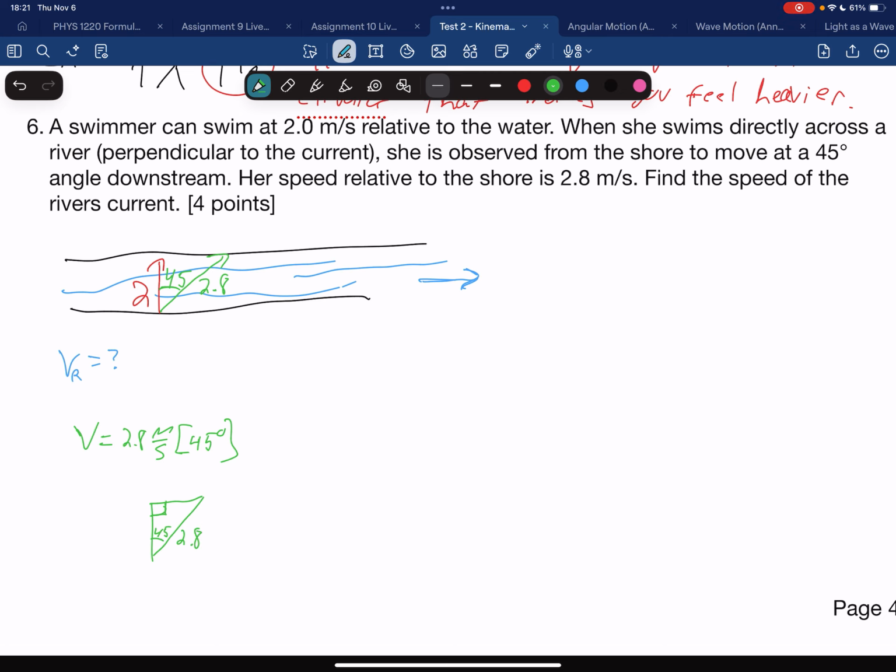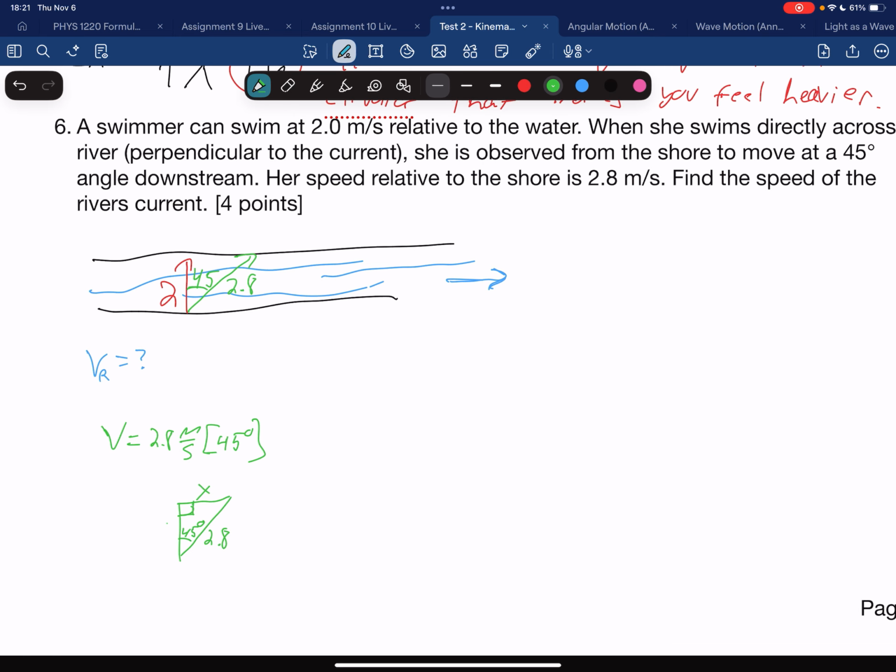This is 45 degrees. Breaking into components, the x and y, I will call them. So Vx equals Vy equals, so this is V sine theta, V cos theta, where V is 2.8, theta is 45. You end up getting 1.98 meters per second for both.